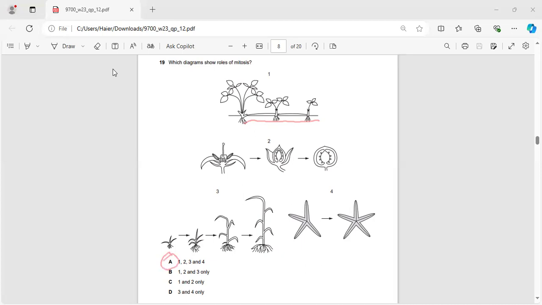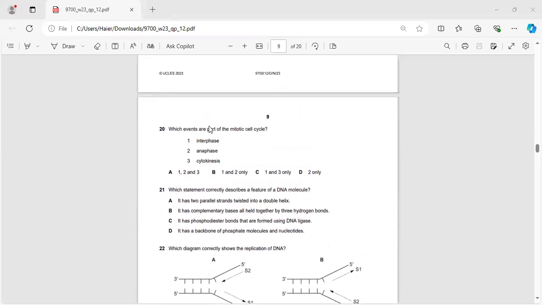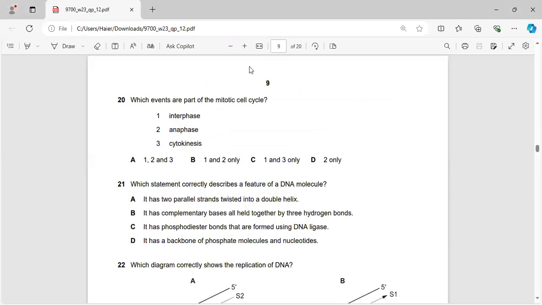Now, question number 20. Which events are part of the mitotic cell cycle? They are talking about the mitotic cell cycle, not only mitosis.